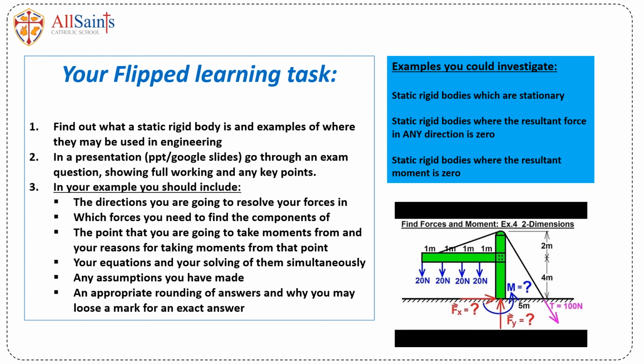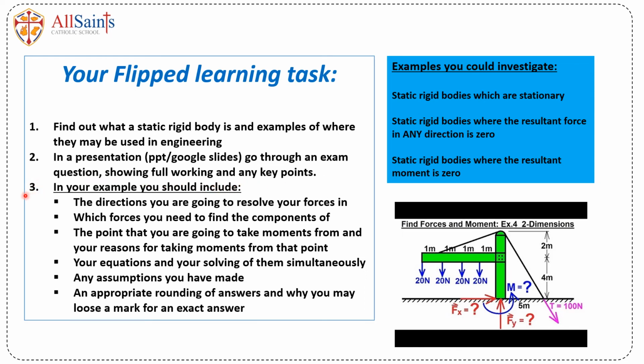So, your flip learning task. One, find out what a static rigid body is and examples where they might be used in engineering in particular. Two, in a presentation, that could be a PowerPoint or Google Slides, go through an exam question showing full working and any key points.